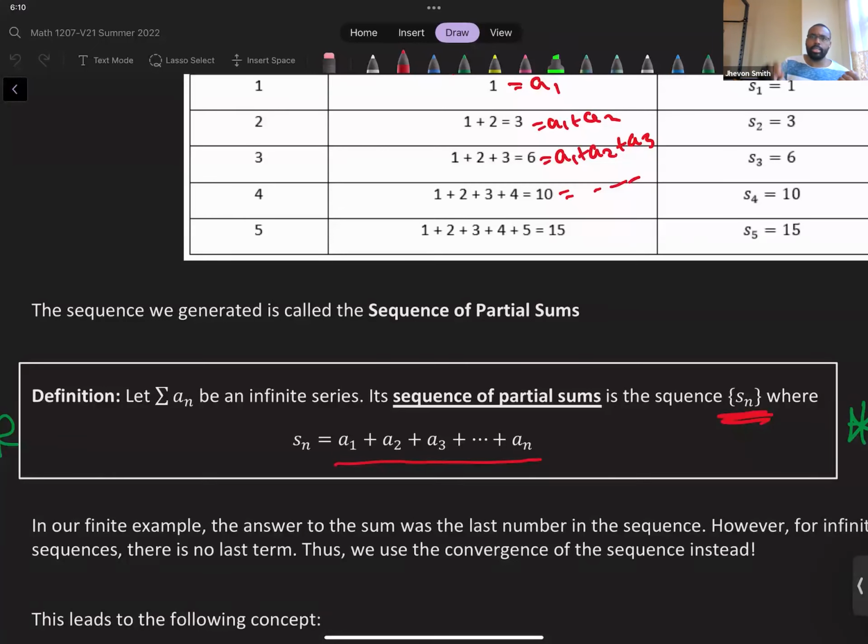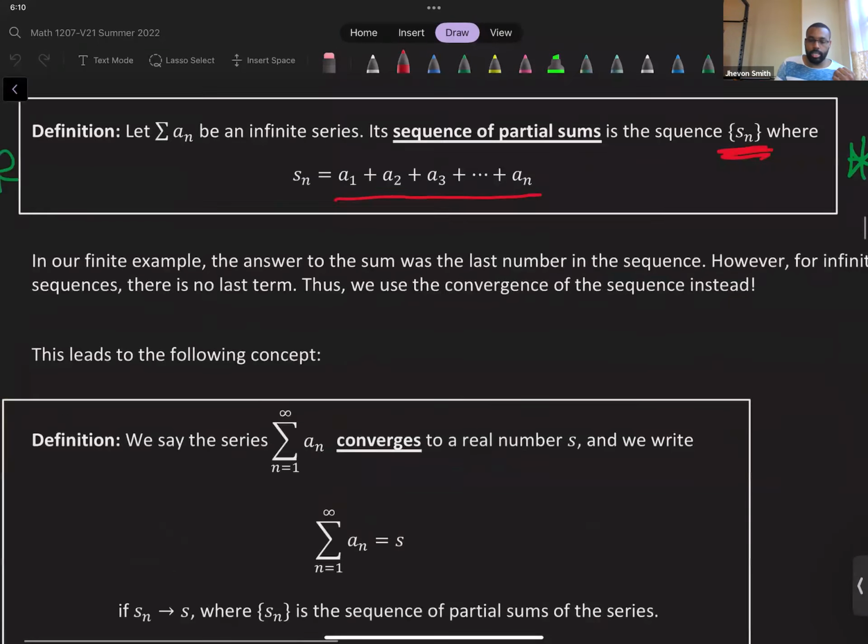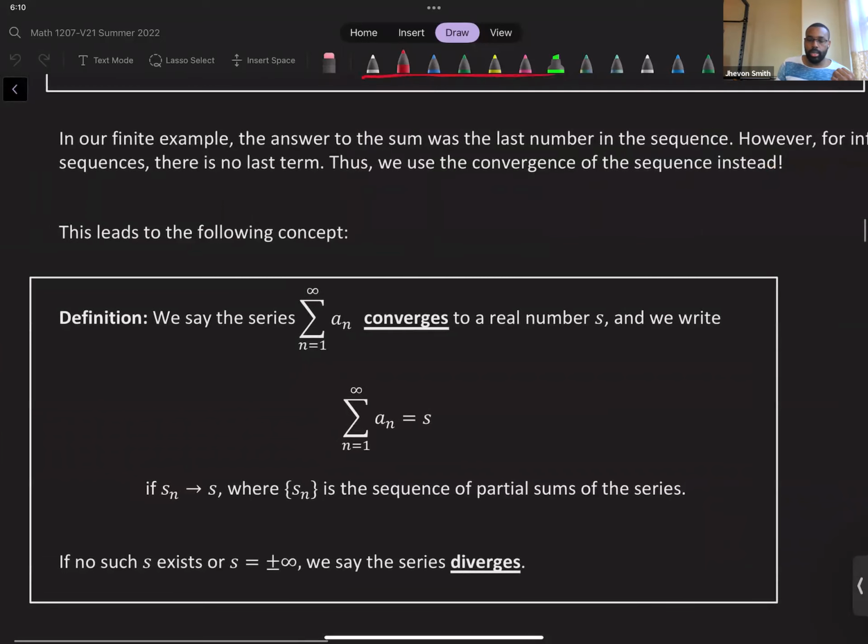And it turns out this list will converge to the actual sum that you want to calculate. So we actually define our series, if it converges, to be equal to the limit of the sequence of partial sums. Okay, and so that is what we will define.